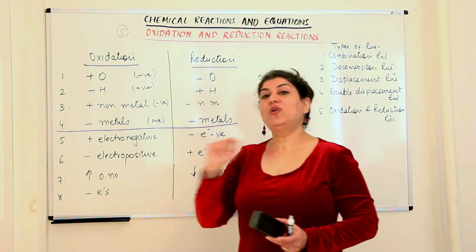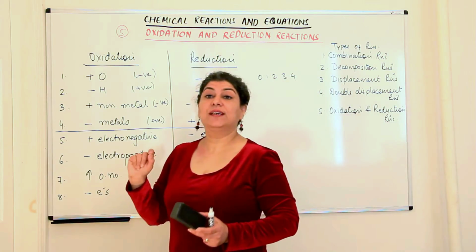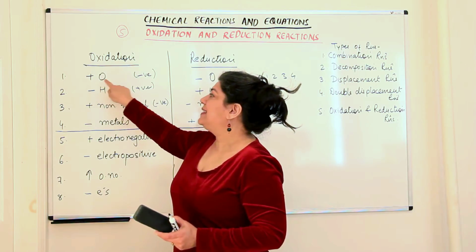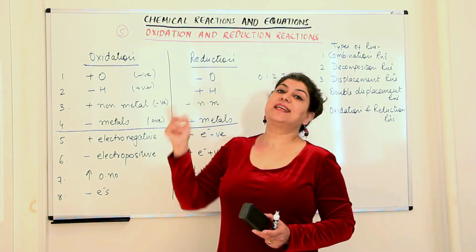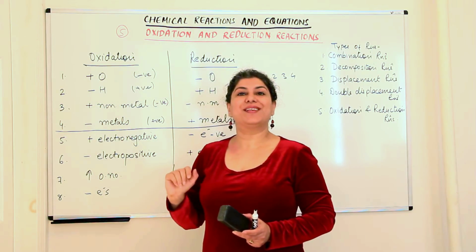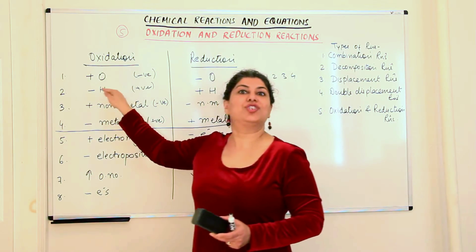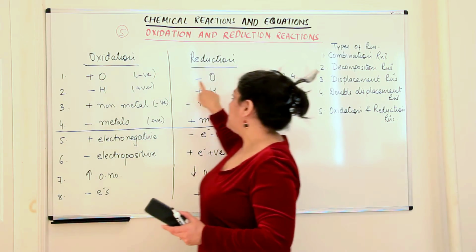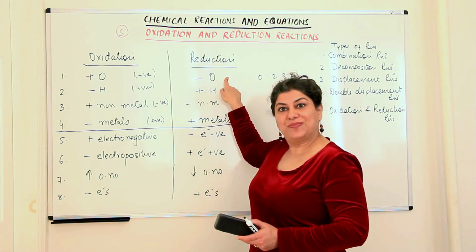Besides, there is one more concept that has to be introduced here: if there is something that is gaining oxygen and it is getting oxidized, there obviously is another reactant present which is giving it that oxygen. So the substance that is giving it that oxygen must be the one that is getting reduced.